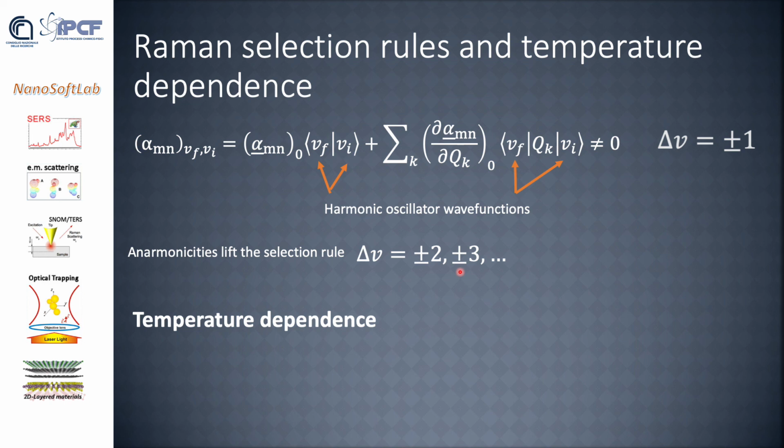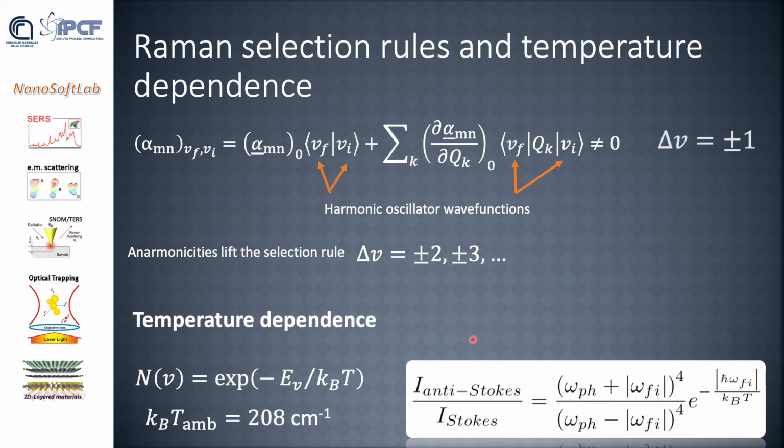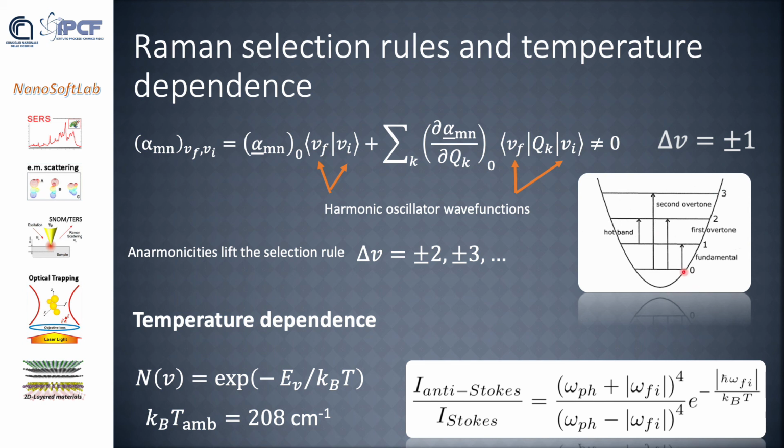Finally, let me highlight how the quantum picture describes the temperature dependence and the difference in intensity between the anti-Stokes and the Stokes photons. In order to have a transition from the ground state to the first excited state, of course, the transition polarizability matrix element must be different from zero, but the intensity of this transition will also be proportional to the number of molecules that lie in the ground state.